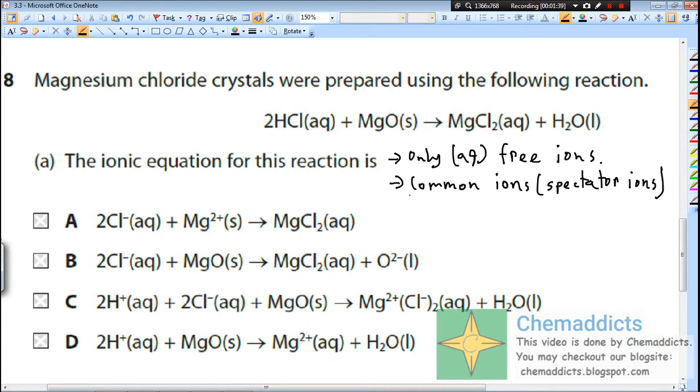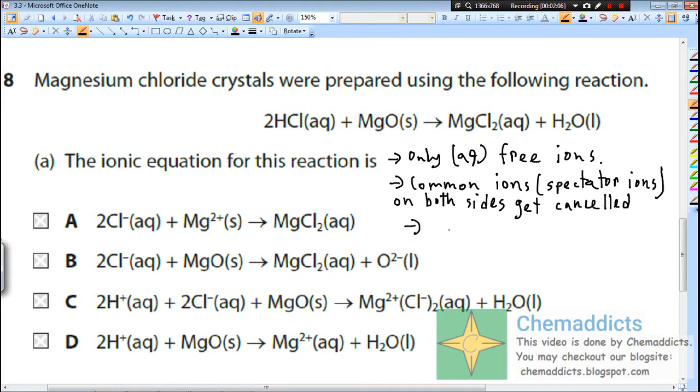They have just come here to watch the gameplay. So common ions or spectator ions, more specifically, on both sides get cancelled out.